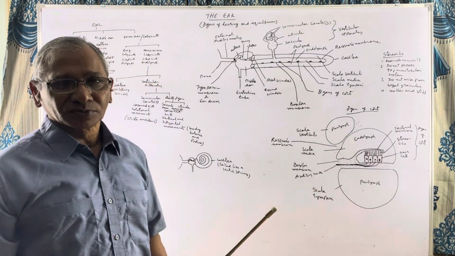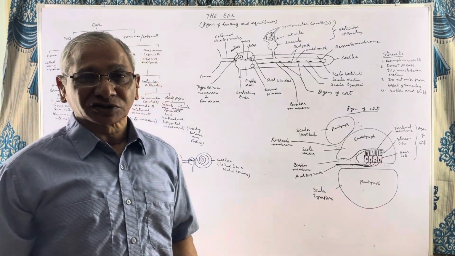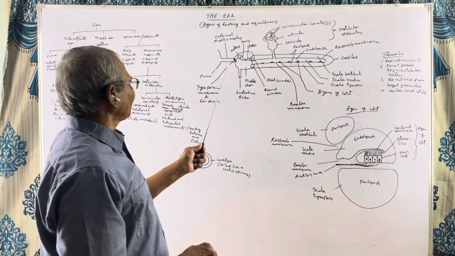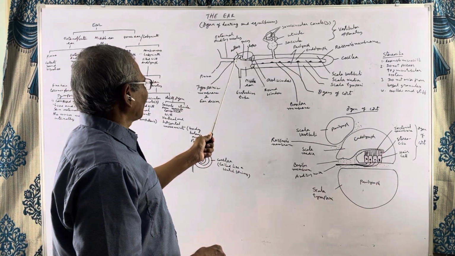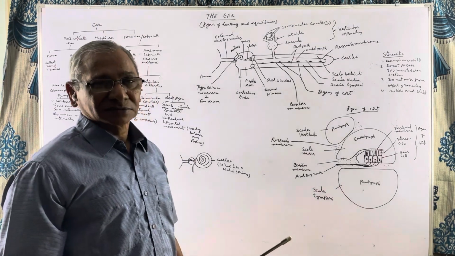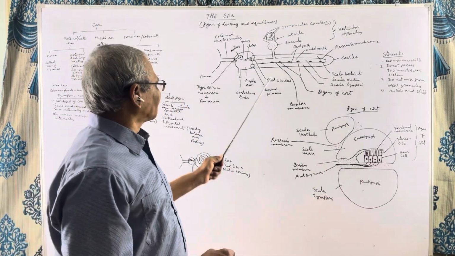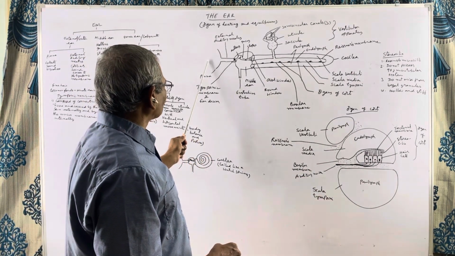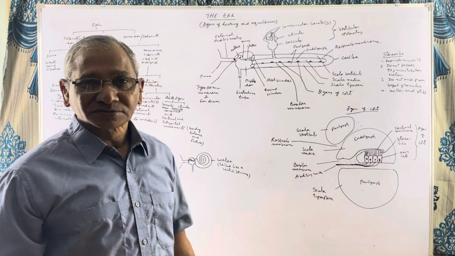Eustachian tube serves one very important function. It helps in maintaining equal pressure on either side of the tympanic membrane. Otherwise, what happens? If this is closed and if a loud sound comes here, the eardrum may rupture or break.